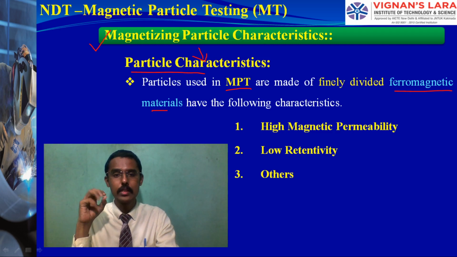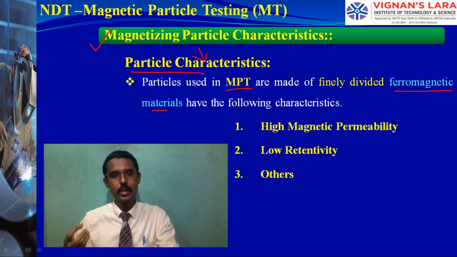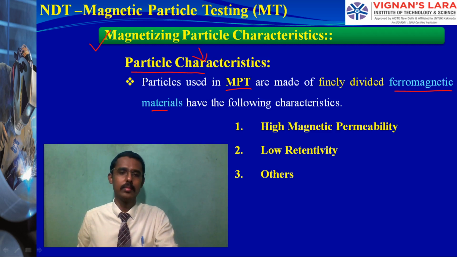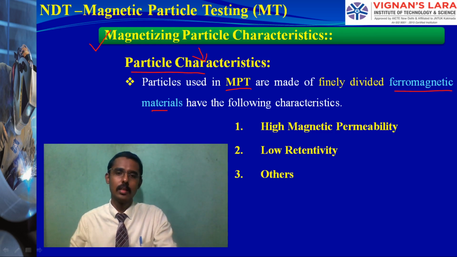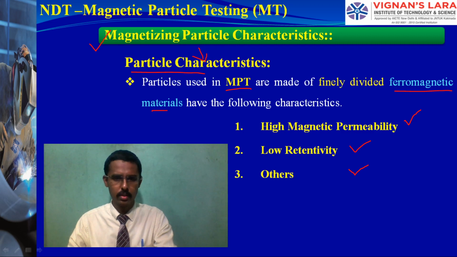Therefore, the particles which are sprayed also have to be ferromagnetic material, finely divided. So the particle should have some properties. Number one, high magnetic permeability; number two, low retentivity; and number three, some other factors. One by one we will see.